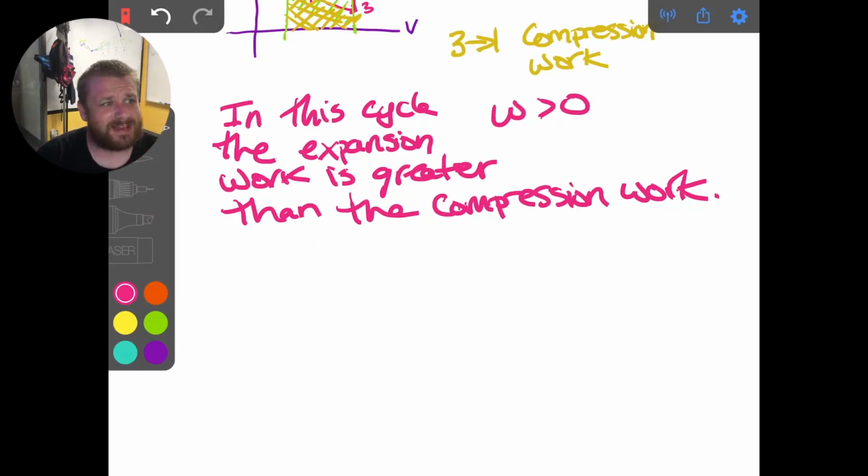And a cycle that has more expansion work than compression work, you get more work out of it than you put into it, that is called a heat engine.